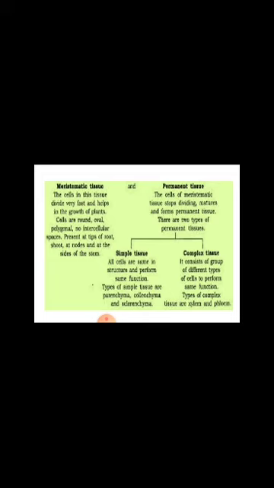As we had discussed in the last slide, all cells are the same in structure and perform the same function. They are parenchyma, collenchyma and sclerenchyma. What are complex tissues? They consist of different types of cells and perform the same function. They are xylem and phloem. This is just a flow chart of whatever I explained in the previous slide.